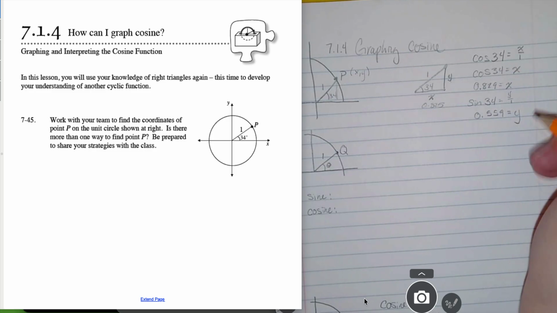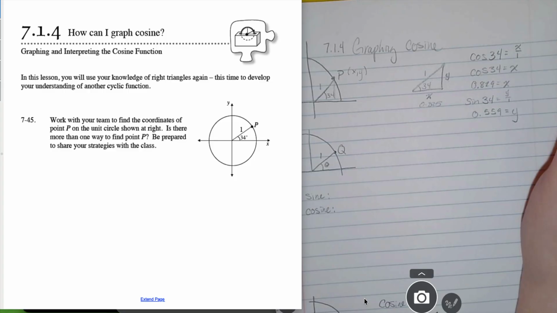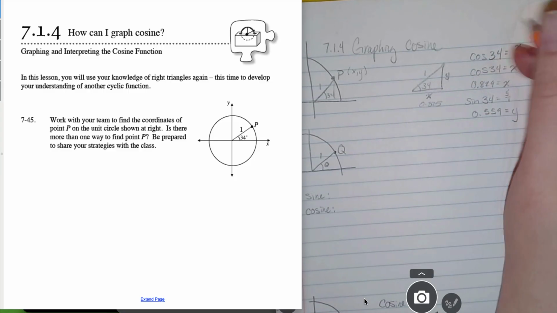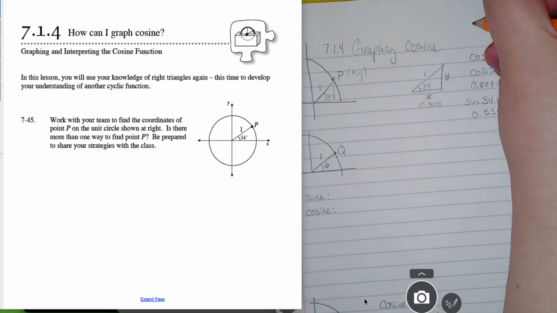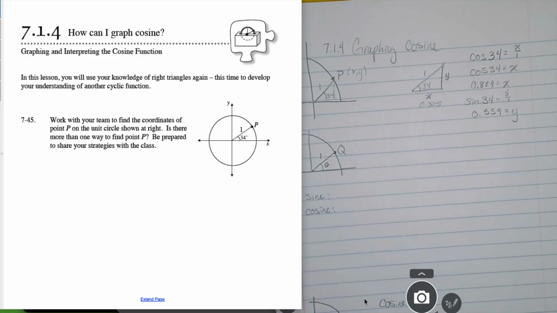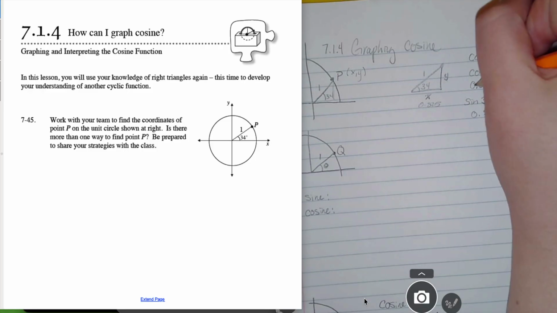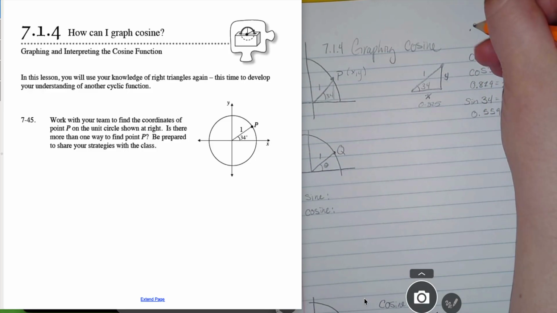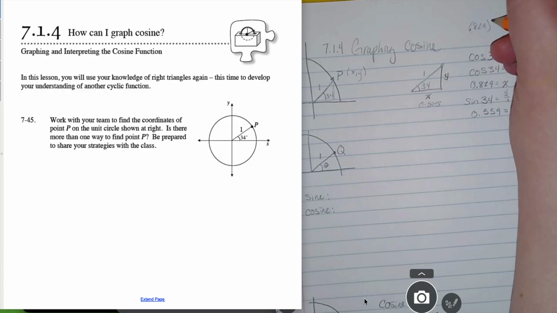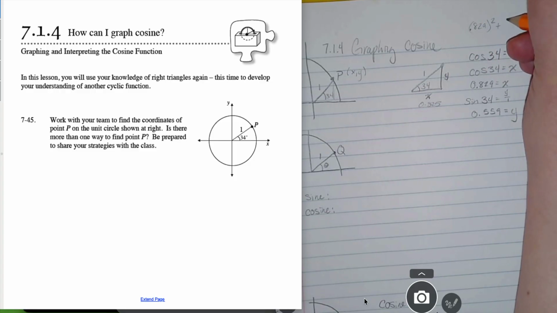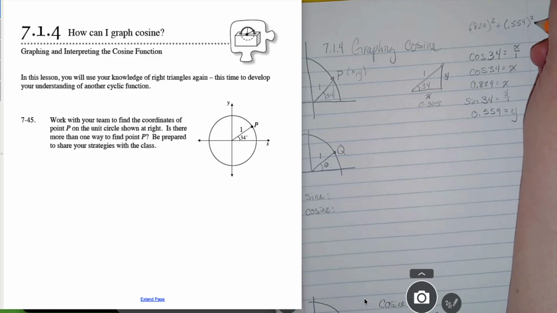equals my y value. Now, if I wanted to check, since I used trigonometry to figure this out, I'm going to use Pythagorean theorem just to show you that it would have worked as well. So since I think x is going to be 0.829, that would be 0.829 squared plus 0.559 squared, and that should work out to be 1 squared.